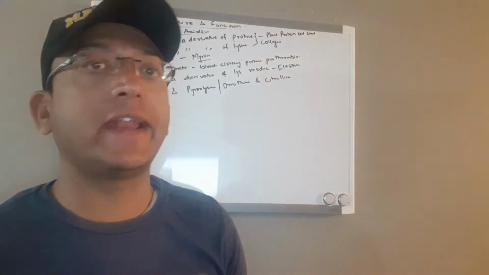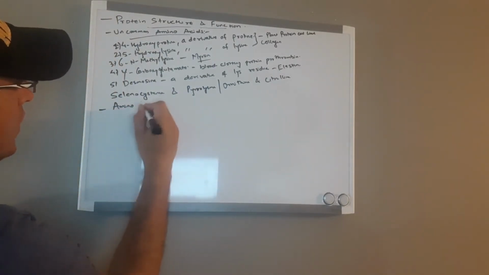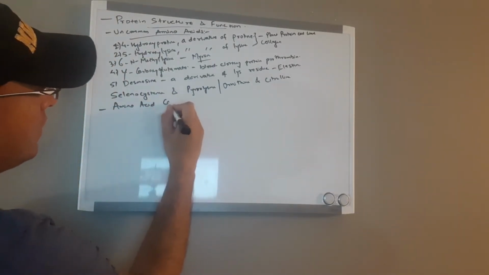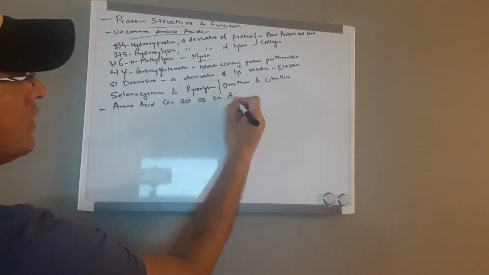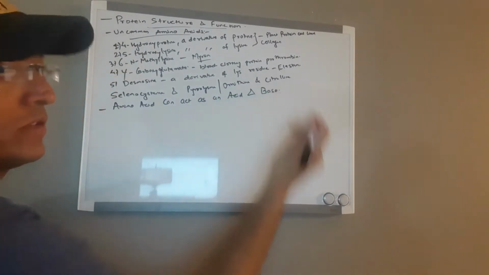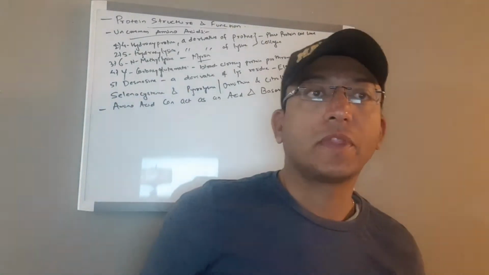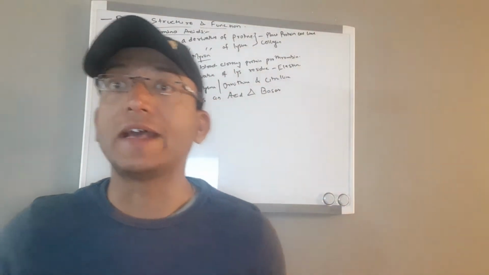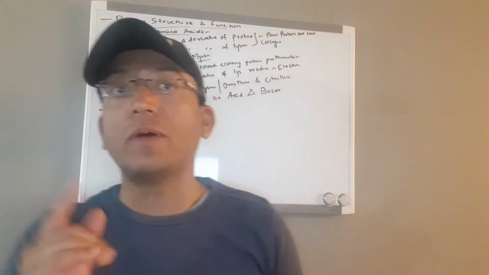Amino acids can act as an acid and a base as well. Amino acids can act as an acid and bases, sorry. All right. So why can they act as an acid and base at the same time? Because of the amino and the carboxylic group of amino acids.